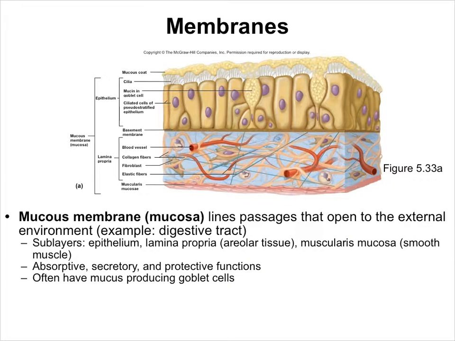It has a layer of connective tissue and a layer of epithelial tissue, usually, though not always, simple columnar or pseudostratified columnar tissue, and it has special mucus-producing cells called goblet cells. So here you can see, I'm going to outline this goblet cell here in red.